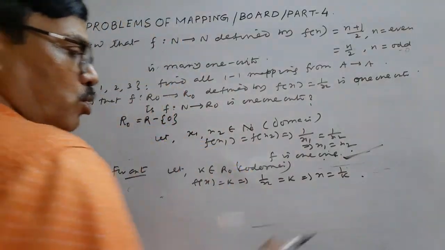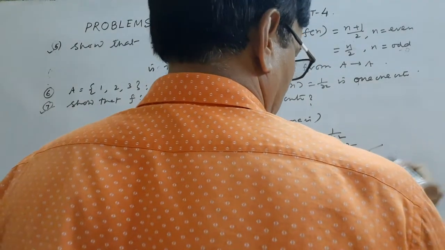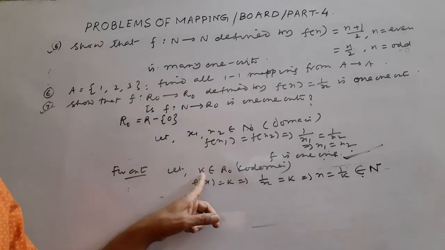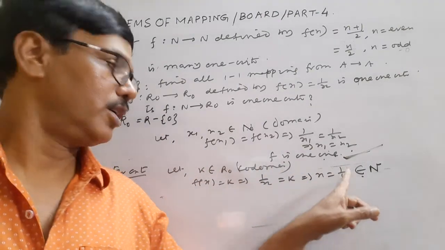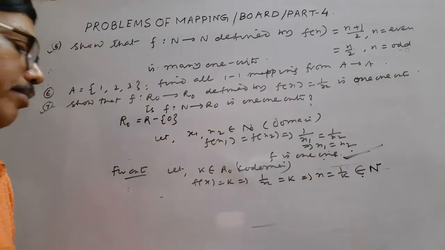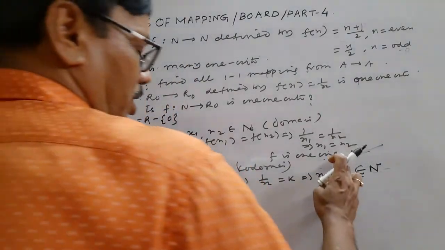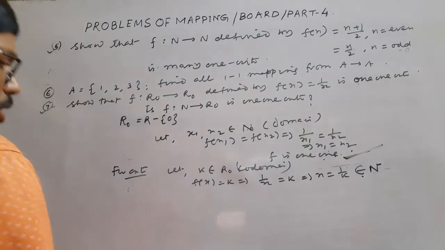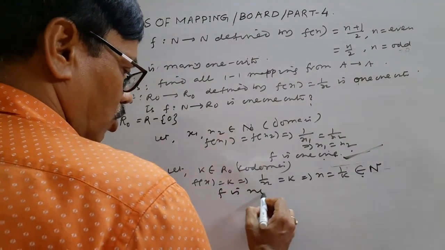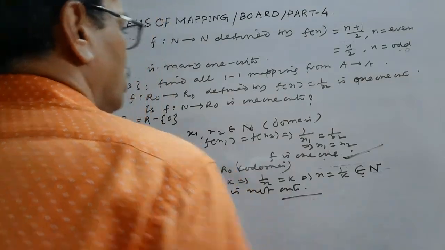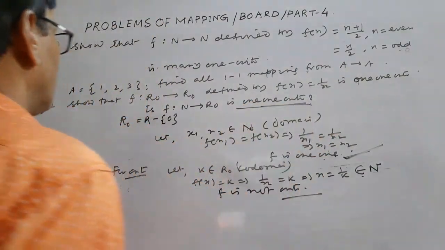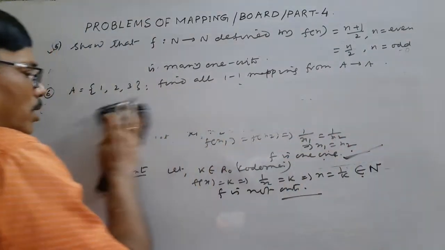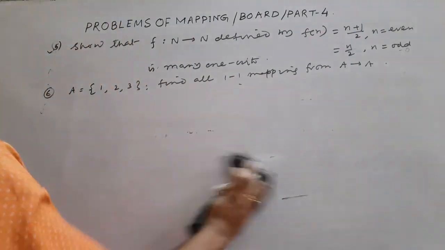Now if k = 2, it is half, which does not belong to N. That is, the preimage of k is not a natural number. So f is not onto. So it is one-one but not onto. We have already discussed this type of problem. This is a very simple one.